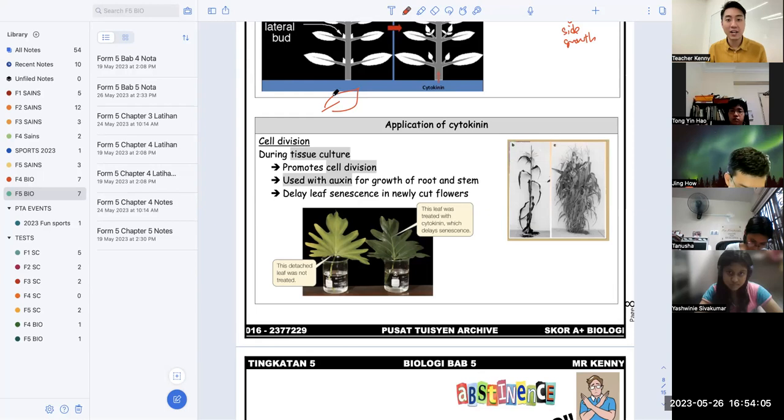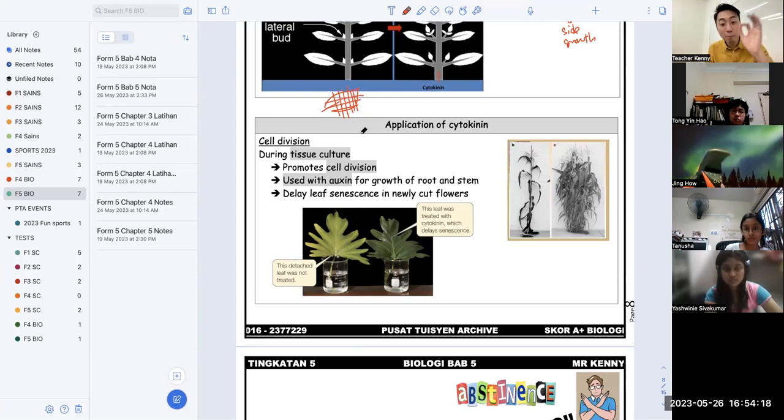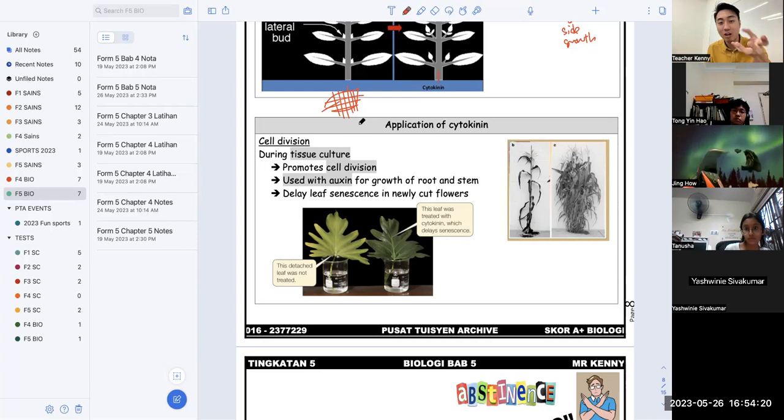But if you take the leaf and cut it into pieces and put them in the soil, they will still turn brown and die. But if you take these pieces and put them in a medium of nutrients, this technique is called tissue culture.